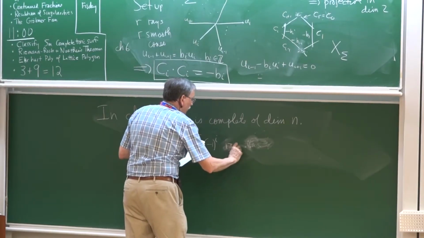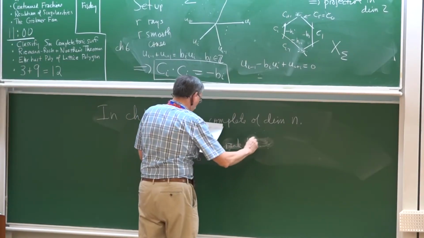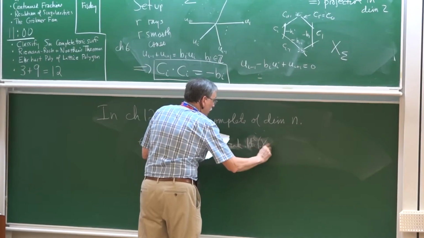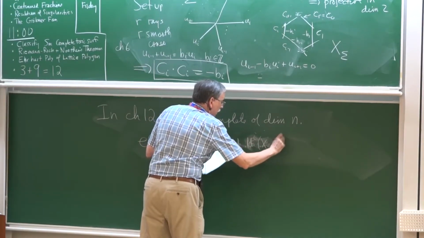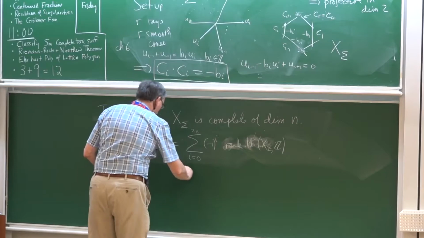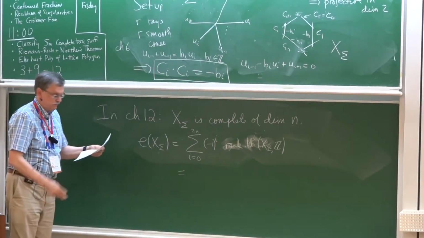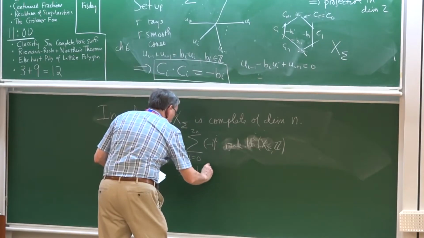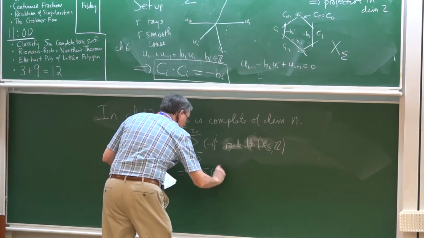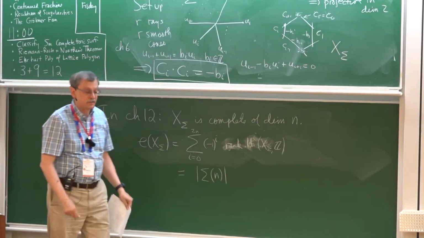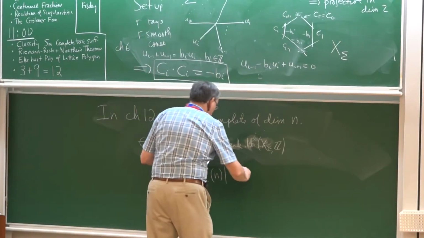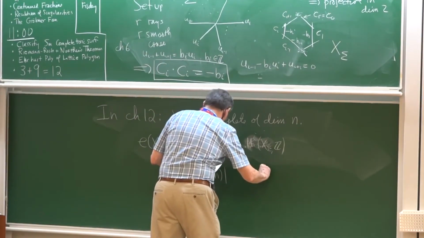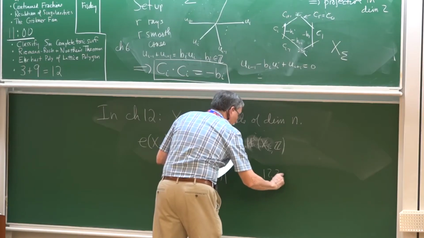I'm doing integer cohomology, so I'll do rank. It turns out that one of the really nice formulas that you prove in complete generality is that it's simply the number of n-dimensional cones. And this is Theorem 12.3.9.